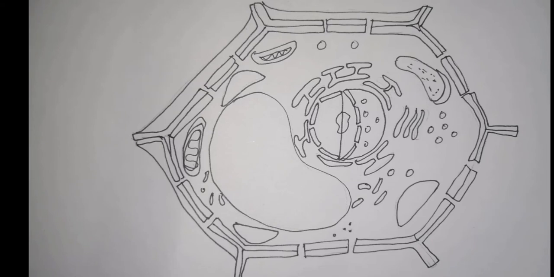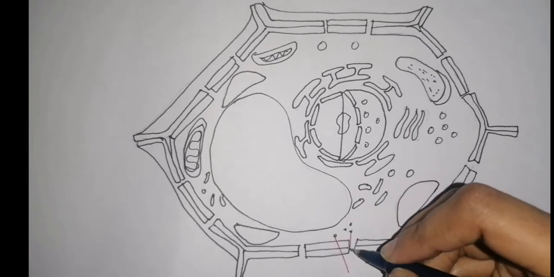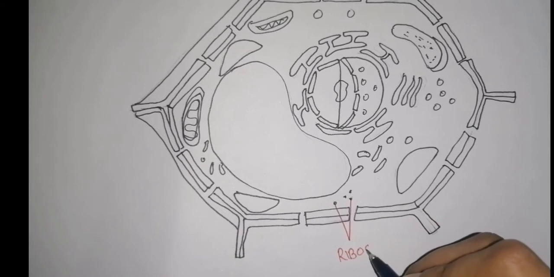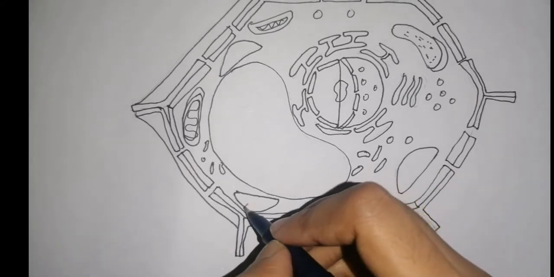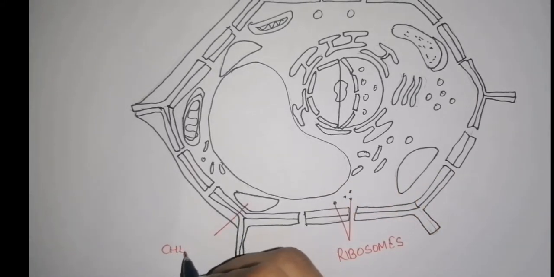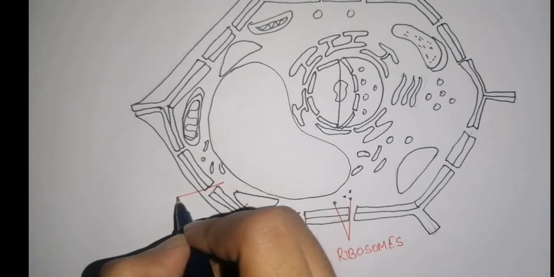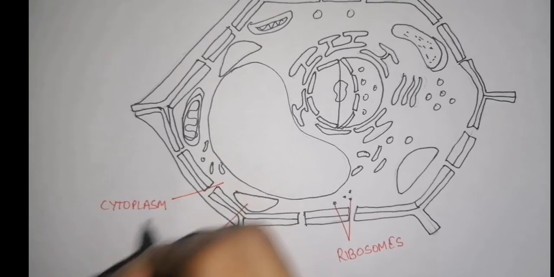Now the most important part in every diagram is its labeling. If you will not label it properly, your marks may get reduced in your exam. So now let's label it first. These are the ribosomes. Then we have chloroplast. And all the fluid part in the cell is known as cytoplasm.